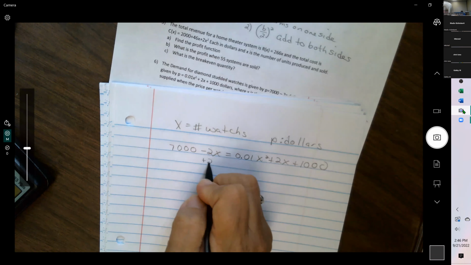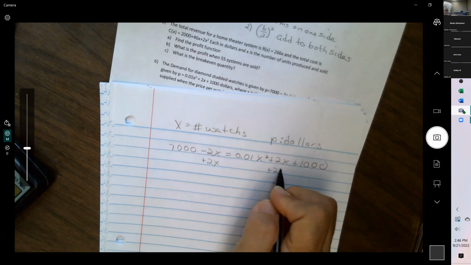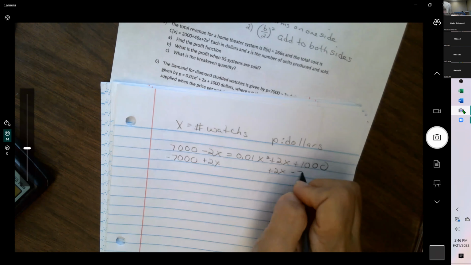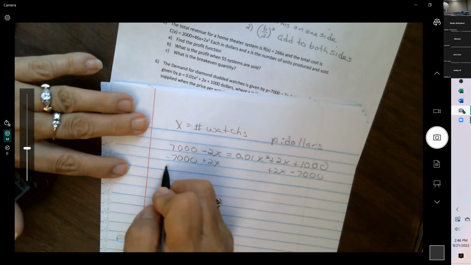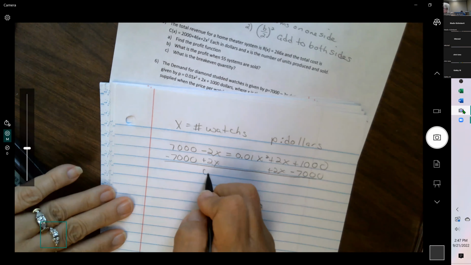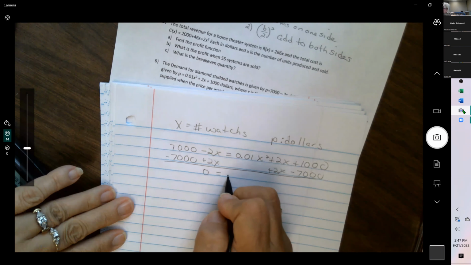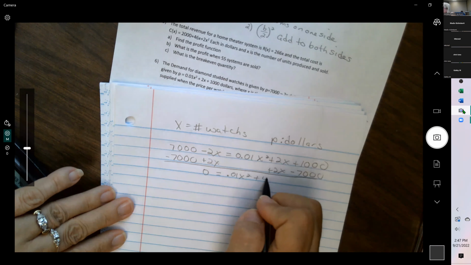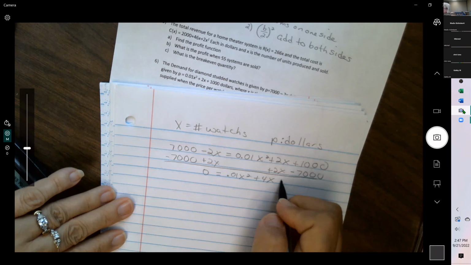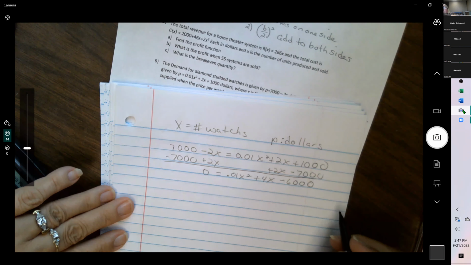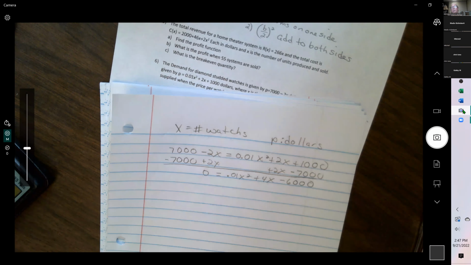So I'm going to add the 2x and subtract the 7,000. That will leave 0 equal to 0.01 x squared plus 4x minus 6,000. Any questions on that?